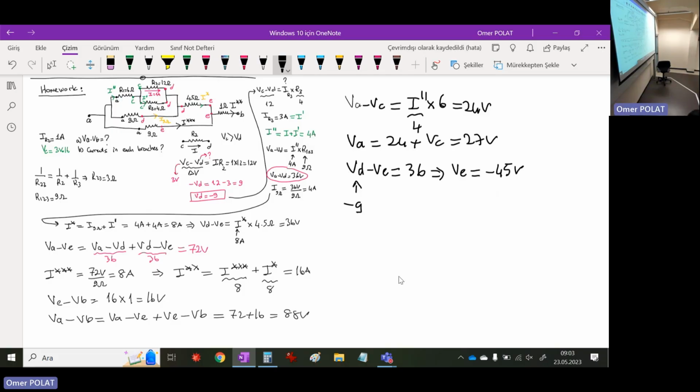Then VB. What is VB? VE minus VB equals 16 volts. I calculated here 16 volts. E is minus 45. What is VB? Minus 45 minus 16.